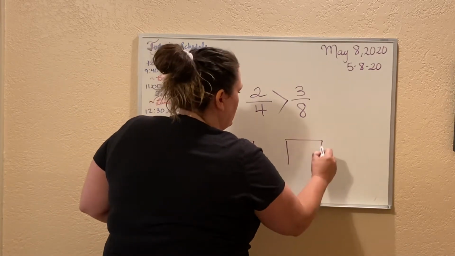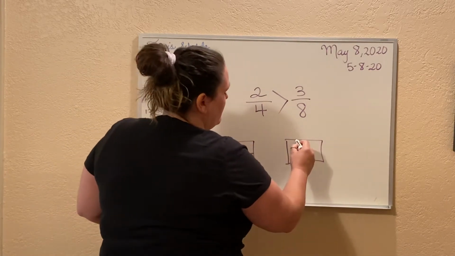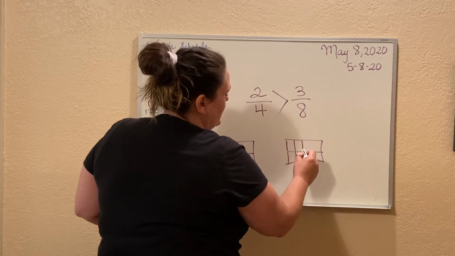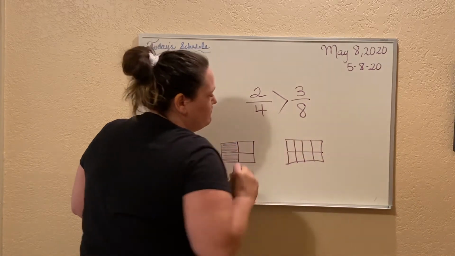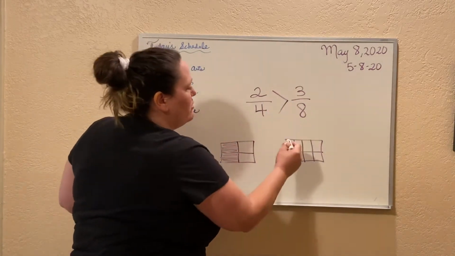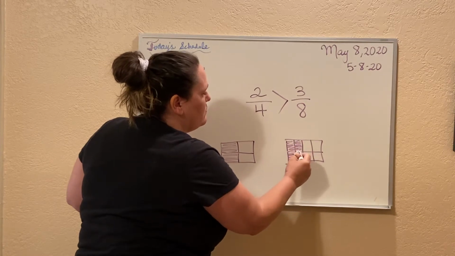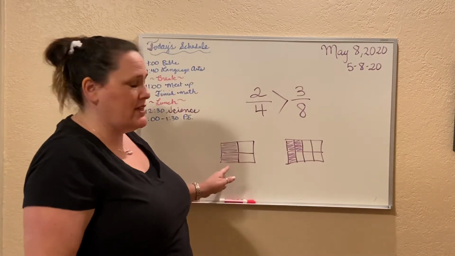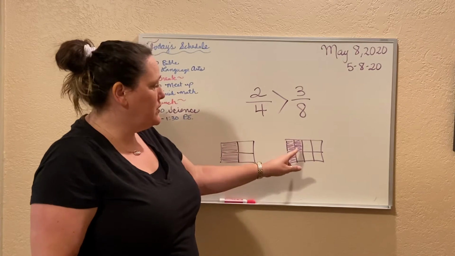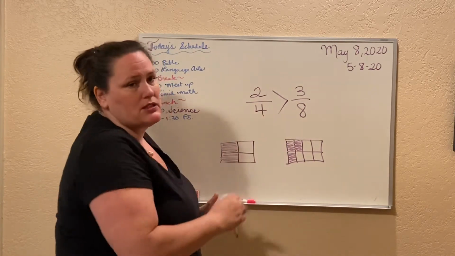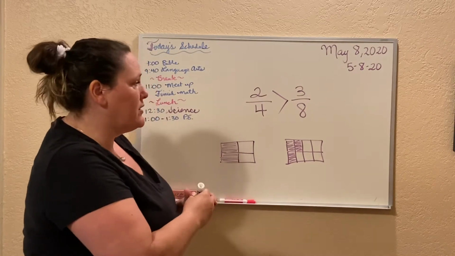If I do the same rectangle over here, but now I need to divide it into 8 sections, and I color 3 of them: 1, 2, 3. Well, this one has half of it colored, and this one has less than half of it colored. So again, 2/4 is going to be greater than 3/8.